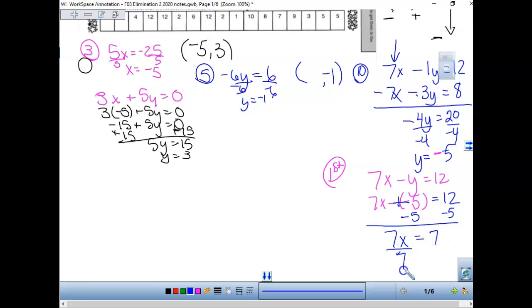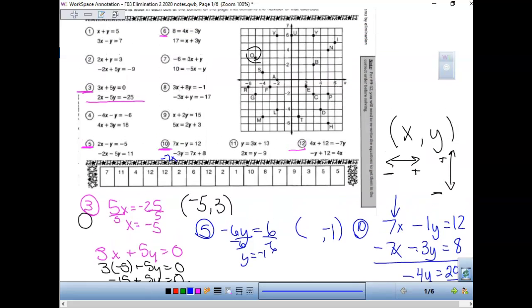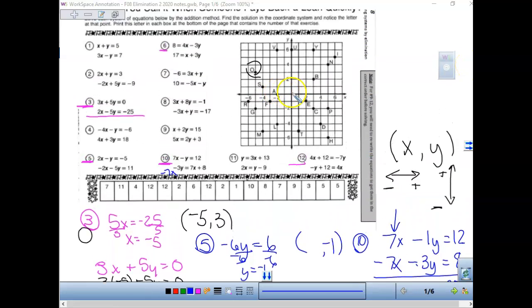Divide both sides by 7. Now, we can't have any fractions on this whole worksheet, right? Because when I look at the solutions, here my x was equal to 1 and y is negative 5. So when x is 1, going over 1, down negative 5, should have been T.